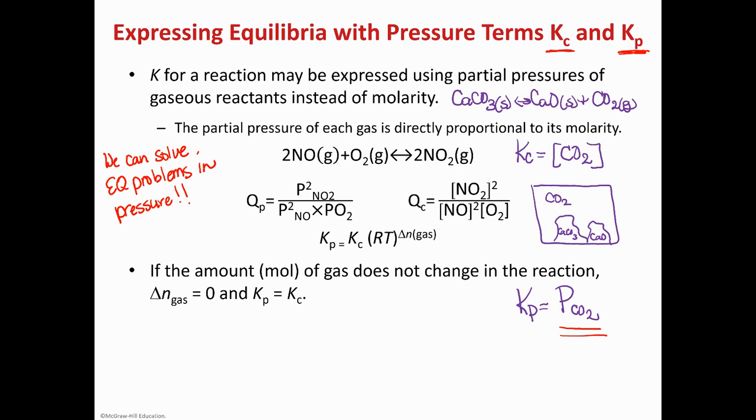Now here's the other part. Remember from Chem 200 that pressure is related to concentration. And this is going to be a side note. Do you recall which famous equation relates pressure to concentration? What's the most famous equation for gases?